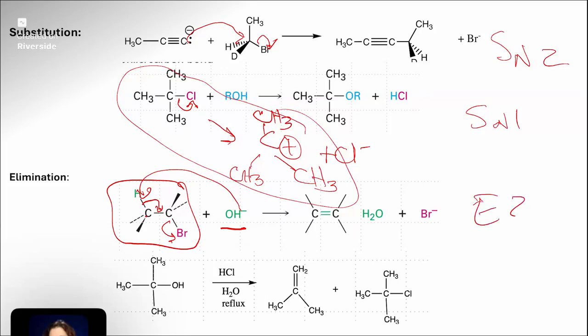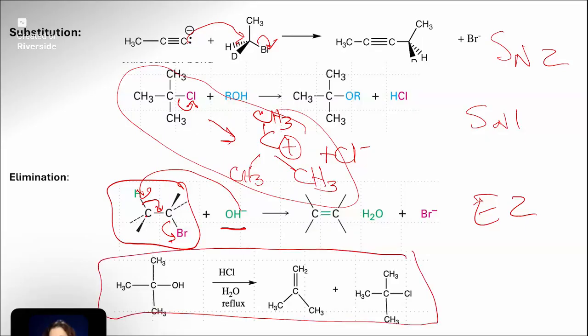So this first one's called E2, and the second, E1, involves only the leaving group leaving in the slow step. It shares the same rate-determining step as SN1, and in fact always competes with SN1. We will look at these elimination reactions in more detail during the last week of the term.